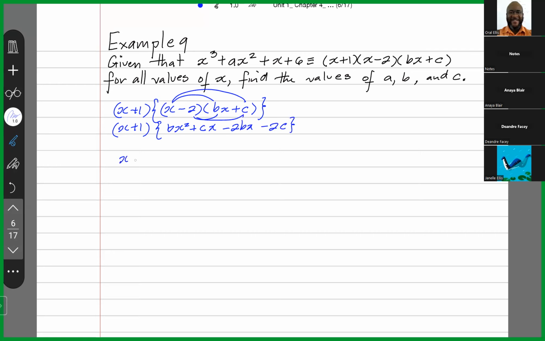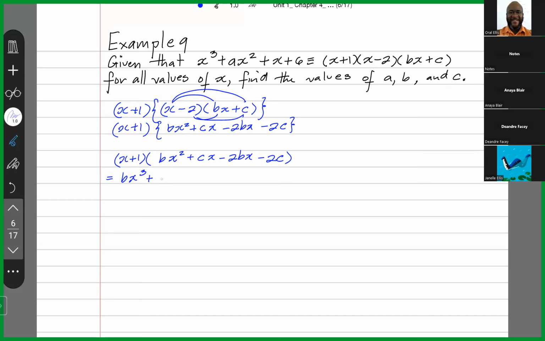So what we have is x plus 1 multiplied by bx squared plus cx minus 2bx minus 2c. We're going to multiply all the terms on the right by x. So we have what? bx cubed.